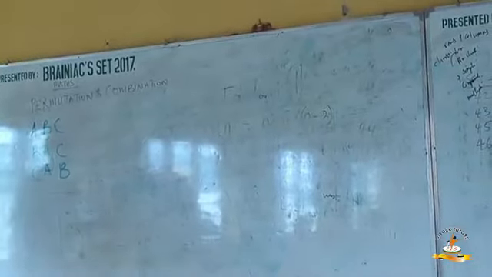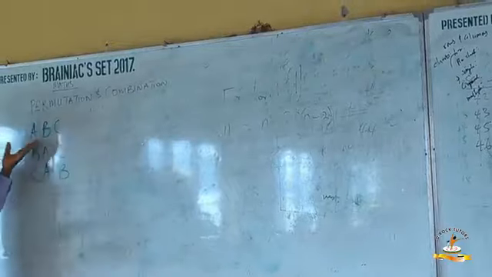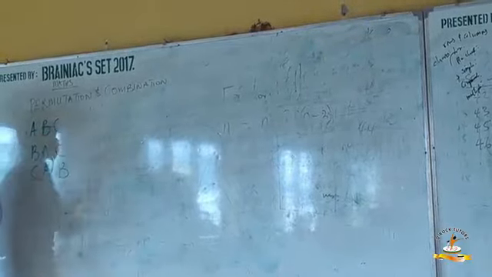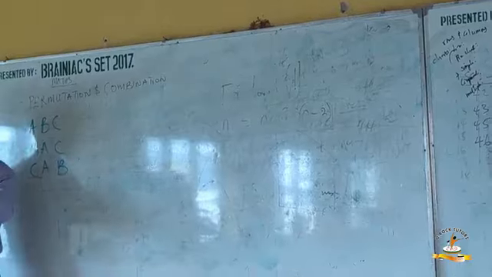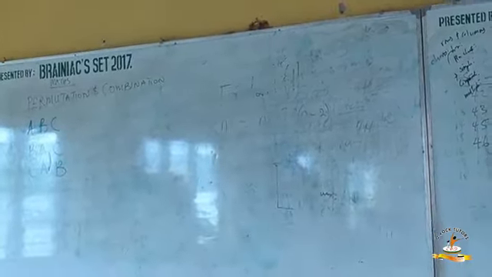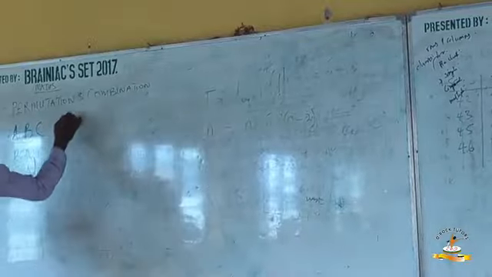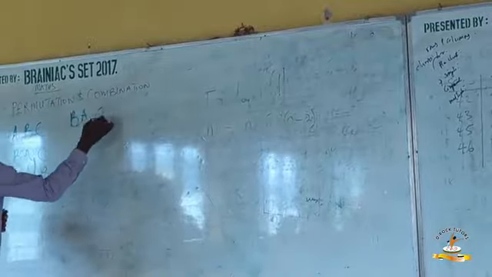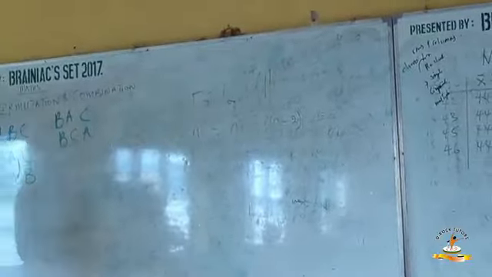But if I say, how many 3-letter words can I get from ABC that start only with B? So here B gets a special treatment. It must start with B. So apparently you can think of B, A, C and B, C, A. This is permutation.